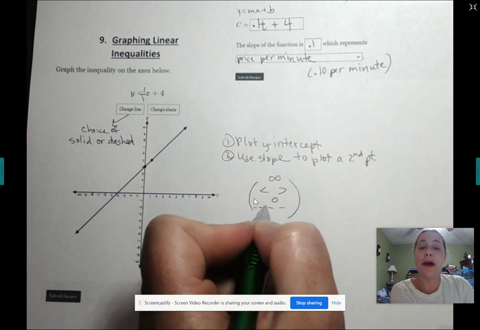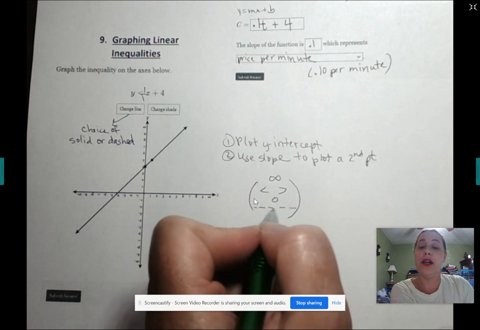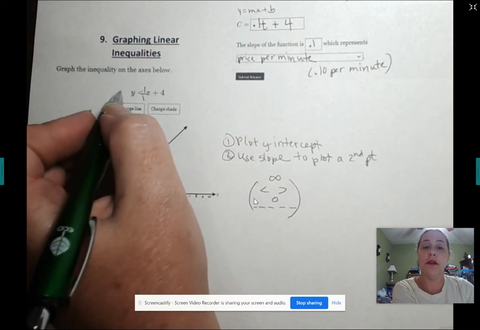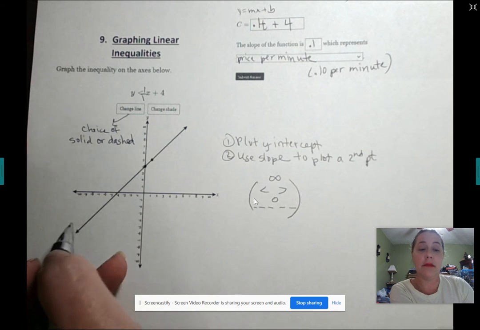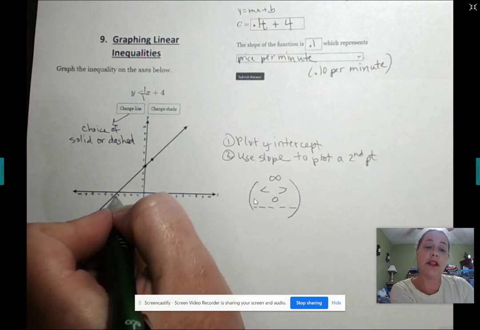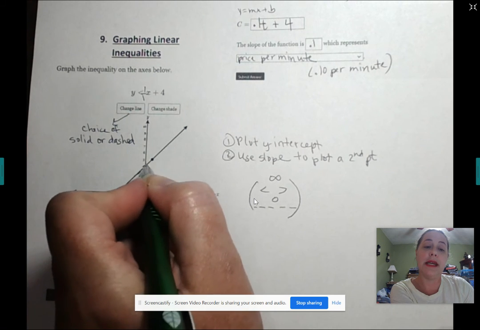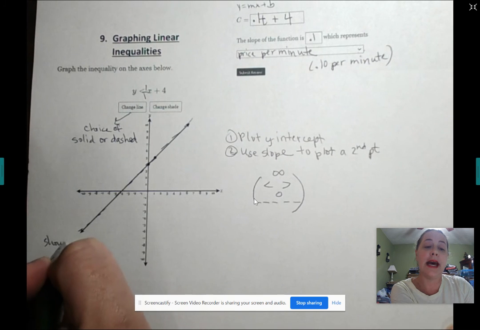When you have less than or greater than without the equal to, you have a dashed line. So if you look at this, this is a less than, so I want a dashed line. If you click this button, it will change it to the other type, and it will change it to be dashed. Should be dashed.